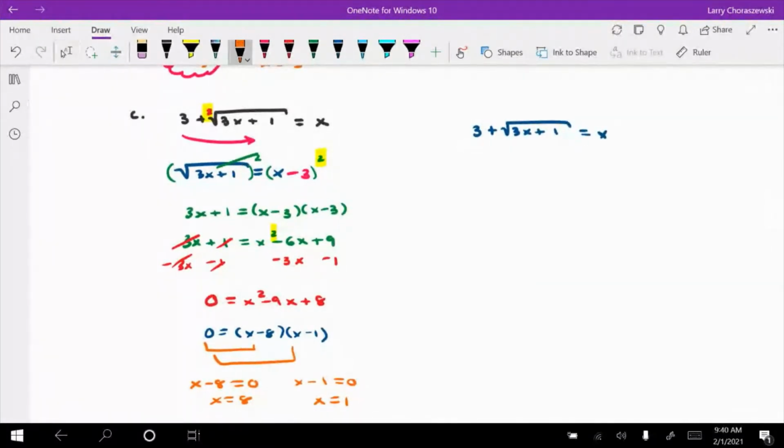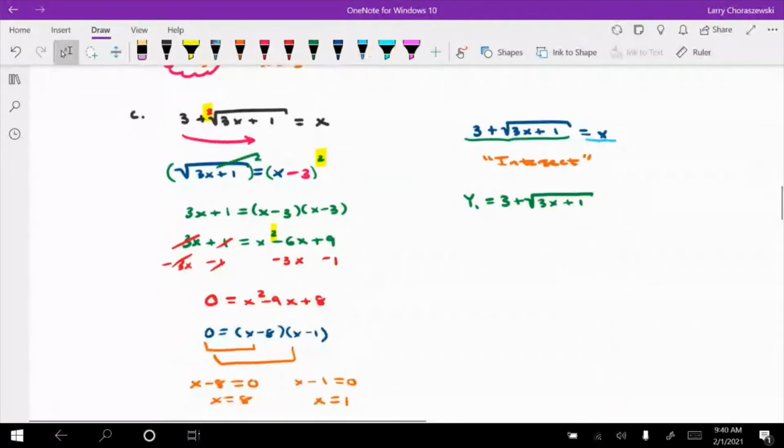I do recommend another intersect feature approach. Okay, y1, the left-hand side. Be sure to use the original version of the equation. I'm doing this because when we check our answers the old-fashioned way, that's the equation we plug them into, the original one.